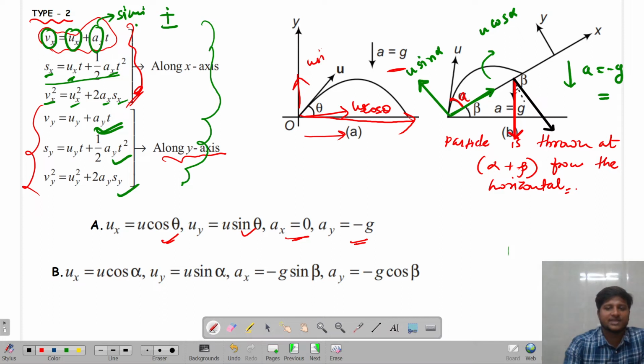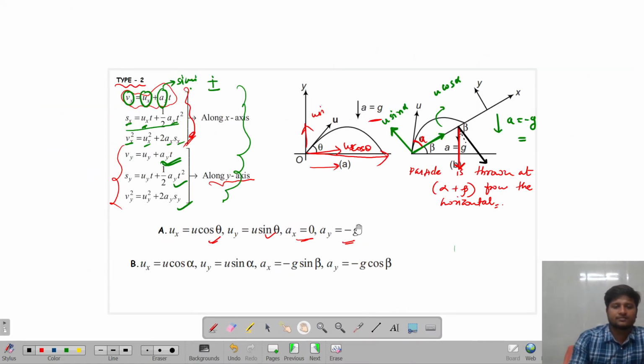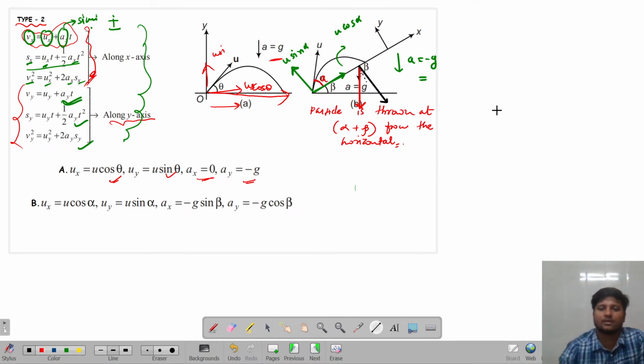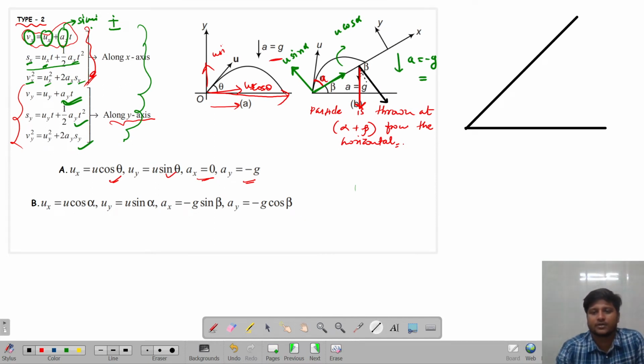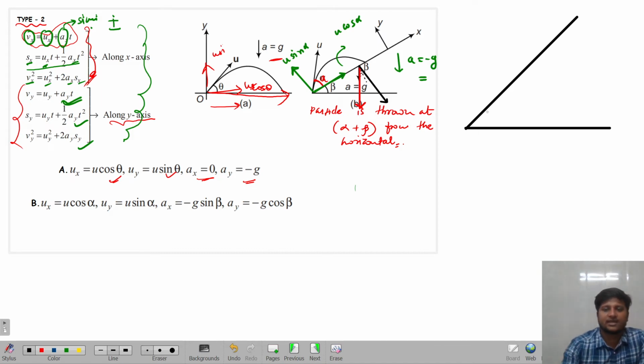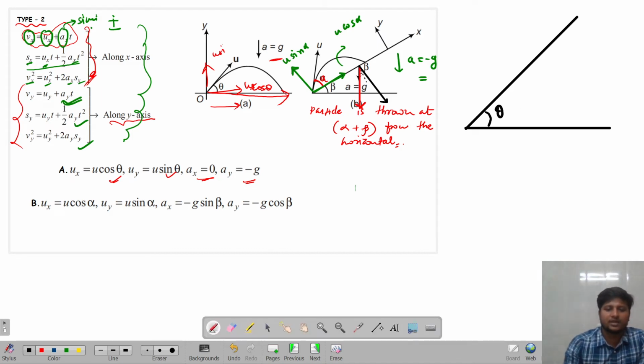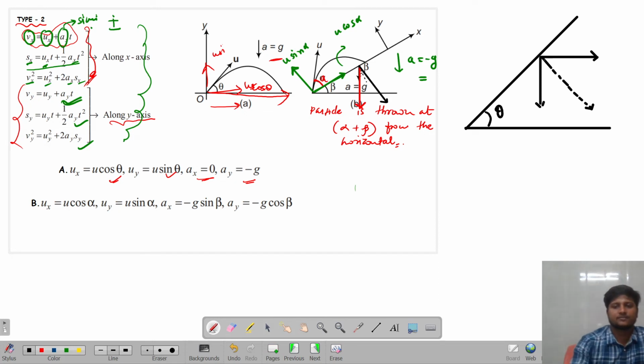Let's suppose this angle is beta. Try to properly understand this, guys. I'll solve it. Look over here. If this angle is theta, and I draw it this way, this angle is also theta. You can ask me how, sir?